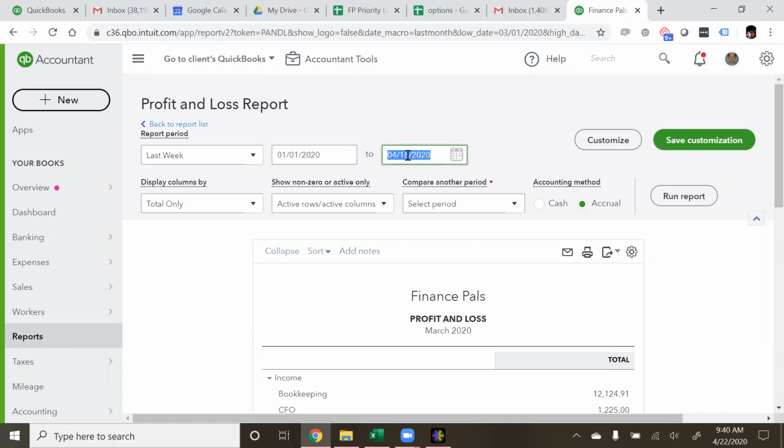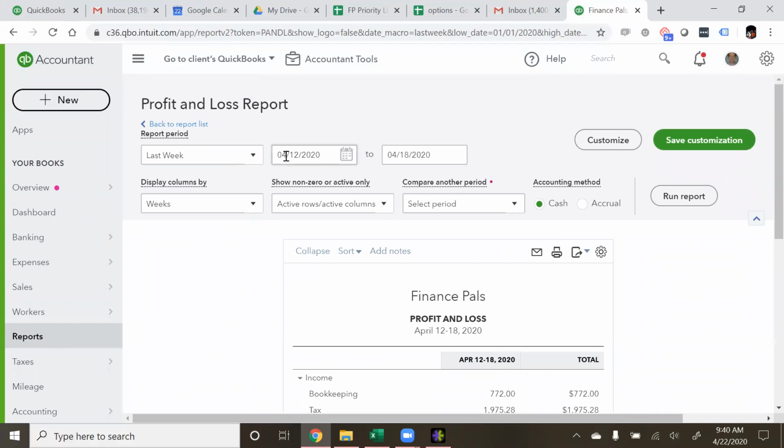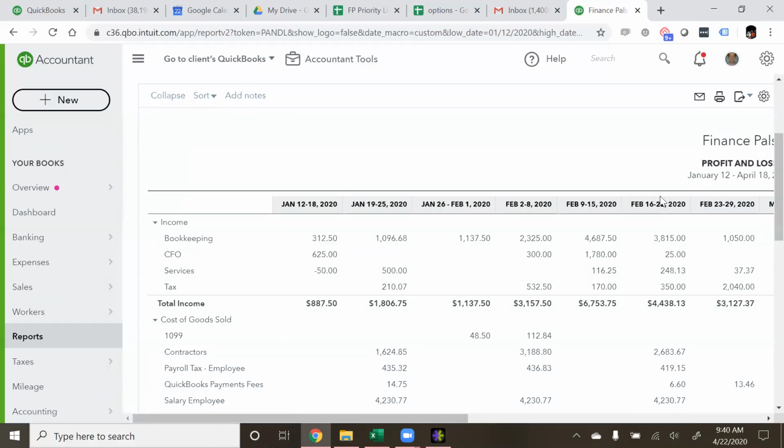Let's go through the 22nd. Do it by 2 weeks. If you ran this on a cash basis, this is somewhat of a cash flow statement.